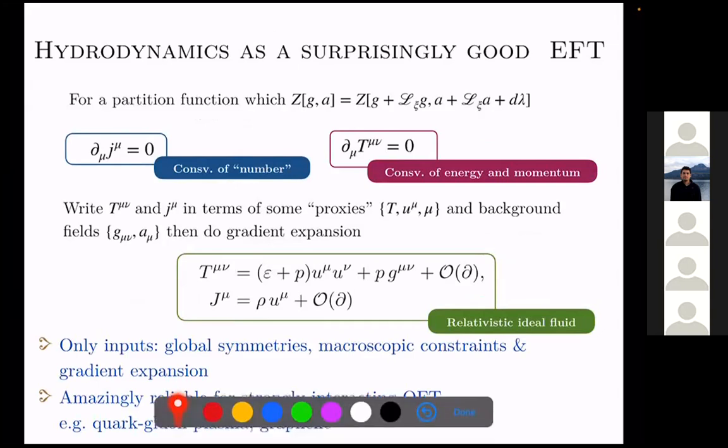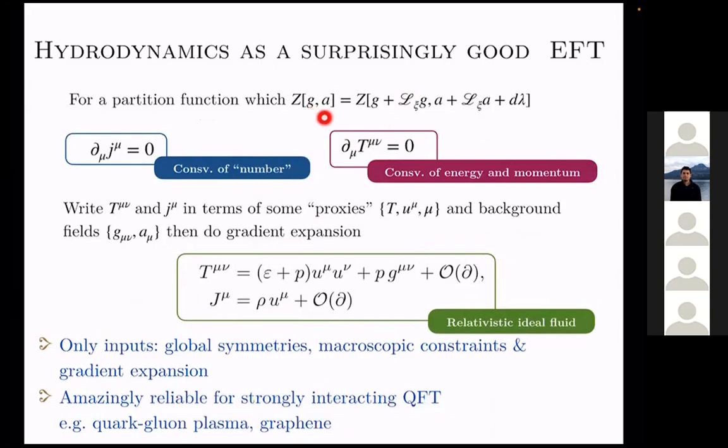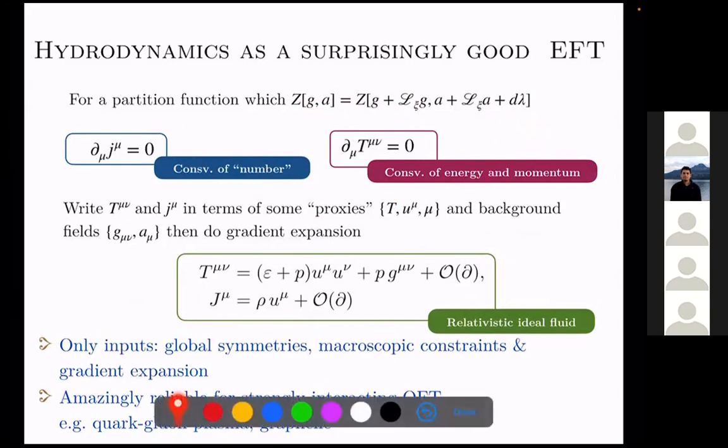One can start by imagining the partition function of a background metric G and a background gauge field A. It is invariant under reparameterization, and that implies conservation of the energy-momentum tensor and conservation of number.